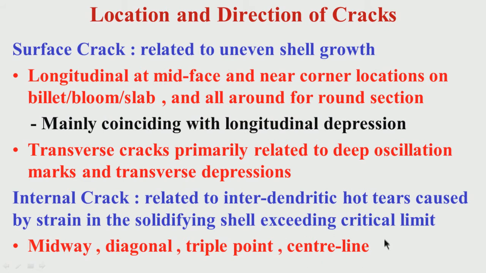I will discuss in detail what the problem is for central line defects. It can be a crack, it can be segregation, because what is the central line? This area solidifies at the end, that means this area is relatively rich in solute because of segregation.